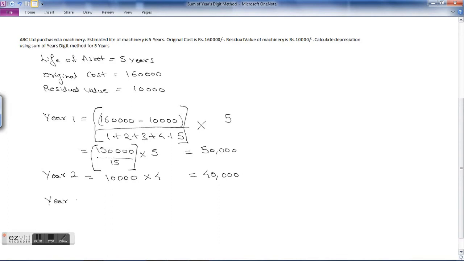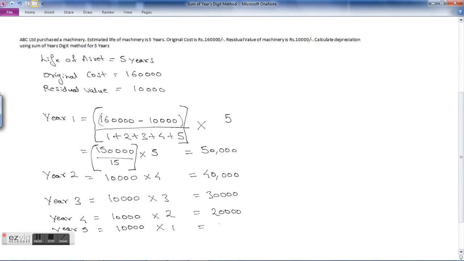Then year 3, depreciation is 10,000 into number of years remaining, which is 3, so 30,000. Year 4, 10,000 into number of years remaining, which is 2, so 20,000. And then year 5, 10,000 into number of years remaining, which is 1.